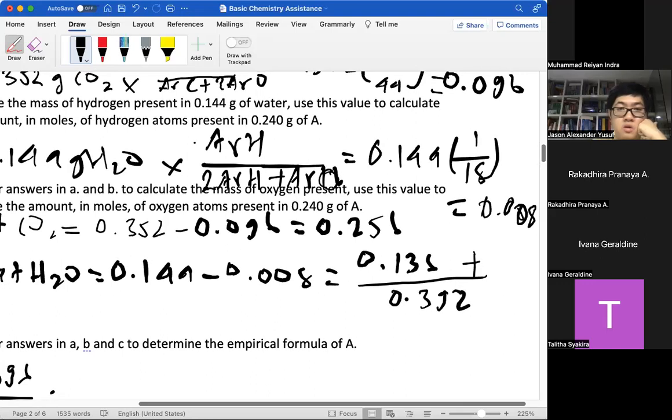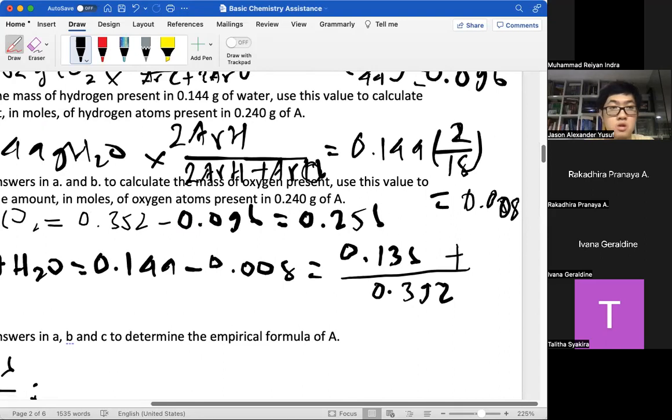Okay, sorry, there's an error here. It's supposed to be 2. So sorry about that. Let me recalculate. 0.016. Sorry about that.